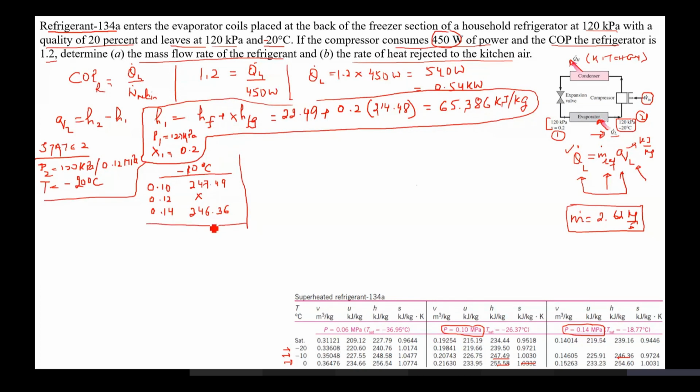So you have to find the value of x: 0.1 minus 0.12 over 0.1 minus 0.14 is equal to 247.49 minus x divided by 247.49 minus 246.36. Can you help me find out the value of x?